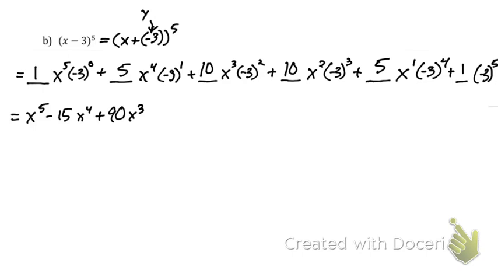Negative 3 cubed is going to be a negative 27. Negative 27 times 10 is negative 270 x squared. And then we'll have negative 3 to the 4th, which is 81. Times 5, so that'd be 400, no, 405.